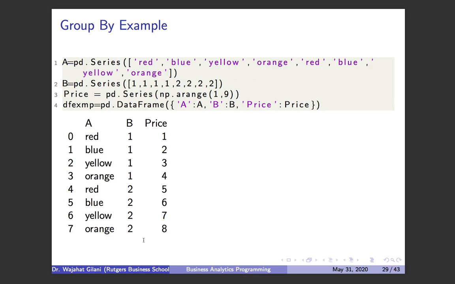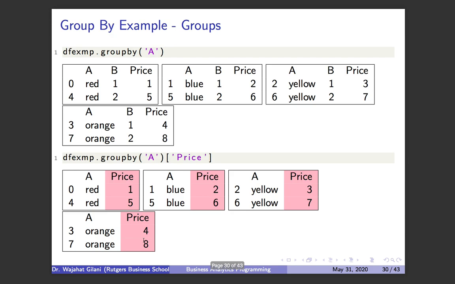I want a summary of the prices according to column A. So whatever column the summary or the grouping is happening according to, that is what goes into the group by.